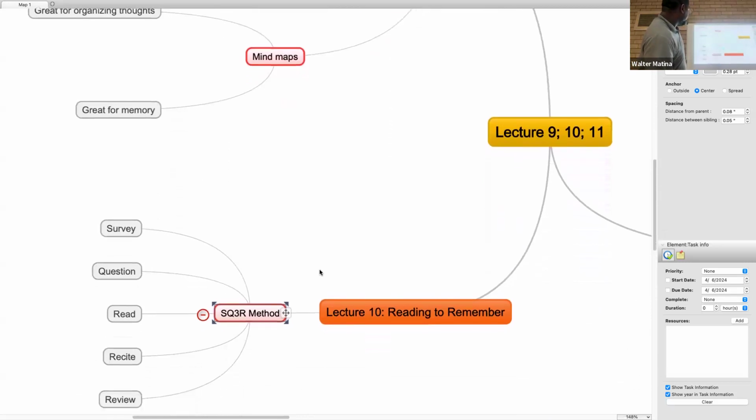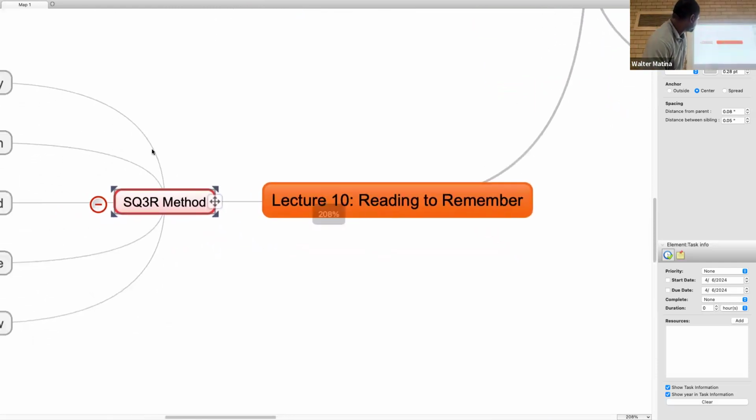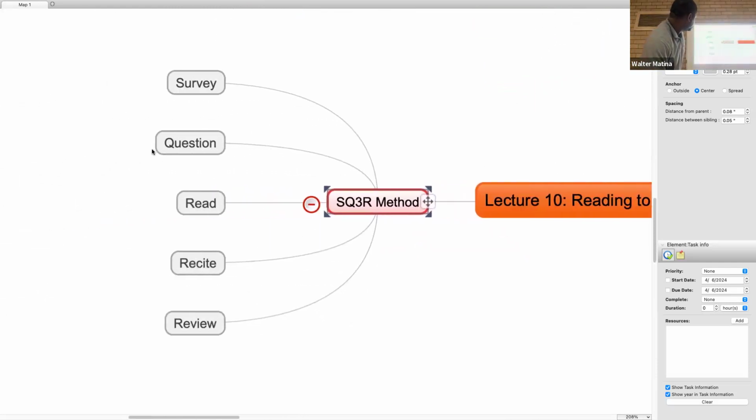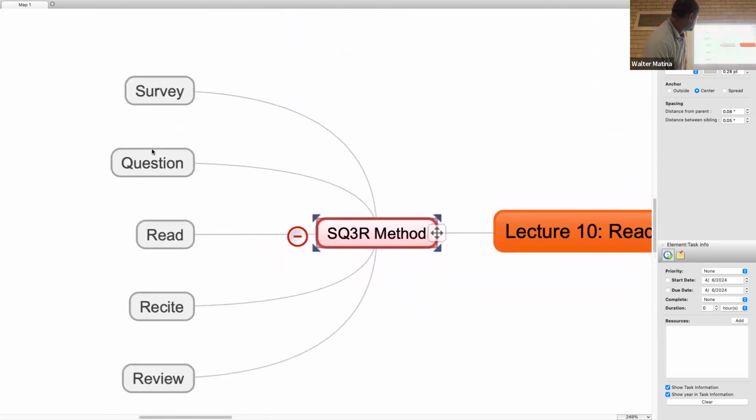And that is part of the process that is being called survey over here. So this survey involves trying to get as much background information as you can about what you're about to read.